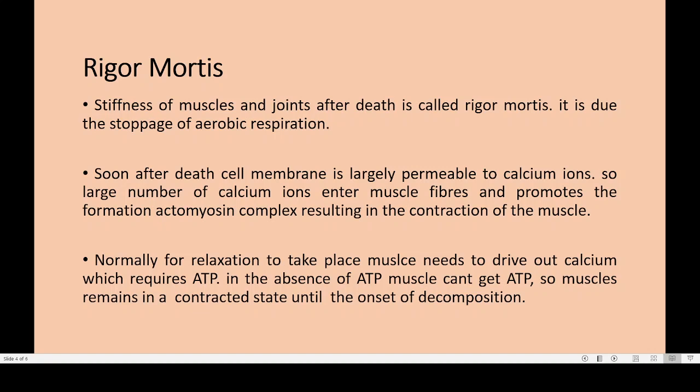So in the case of the actomyosin complex, actin and myosin attach to each other. This is the actin, this is the myosin, and this is the actin, and as a result of that attachment, the muscle will be in a contracted formation. The muscle undergoes the formation of a complex which we call the actomyosin complex.